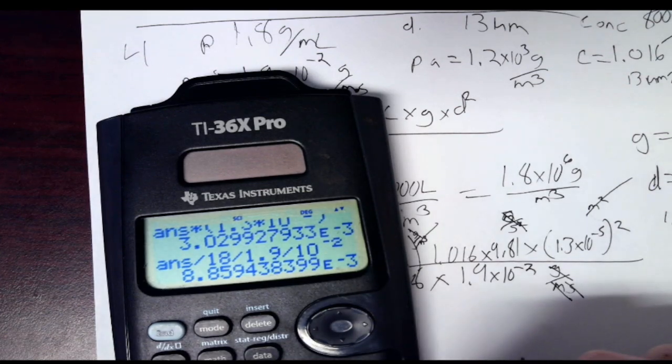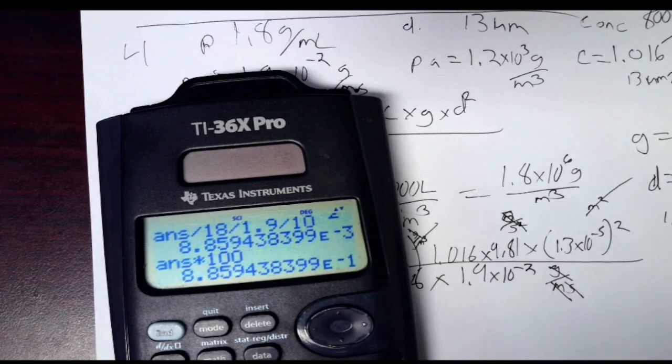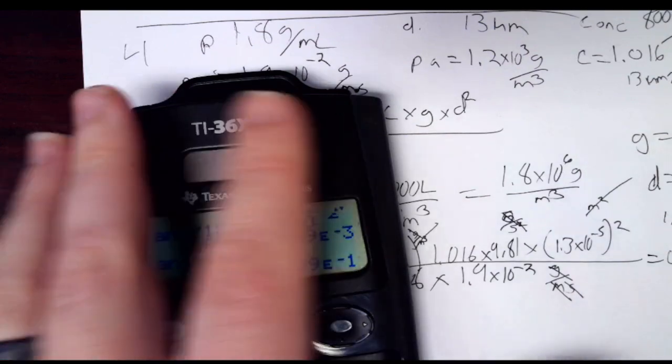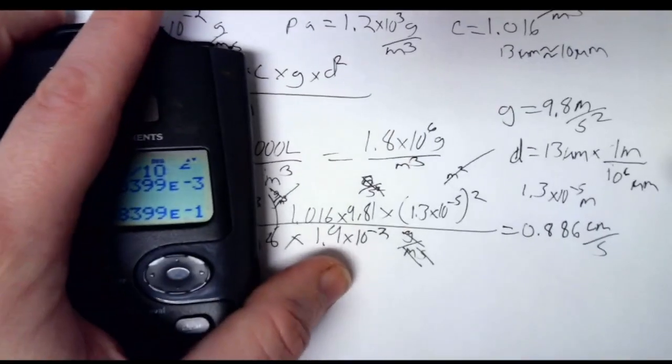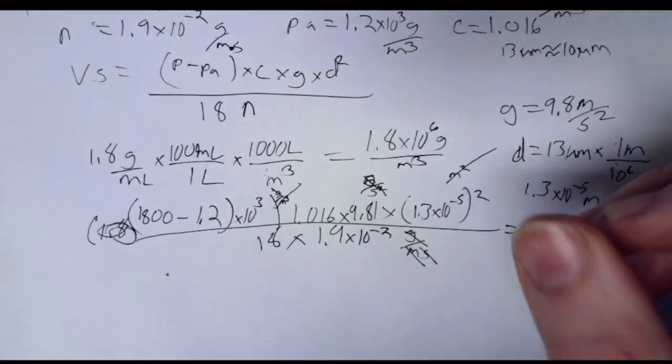I'm going to convert this into centimeters to make this a little more reasonable. When I multiply by 100, the particle settles at a velocity of 0.886 centimeters per second. So not even a full centimeter every second.